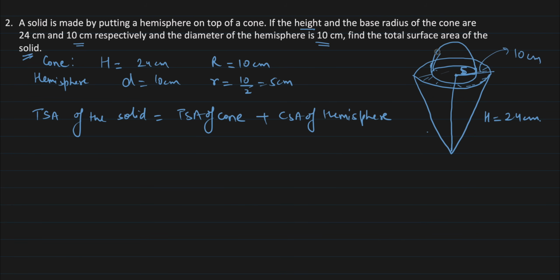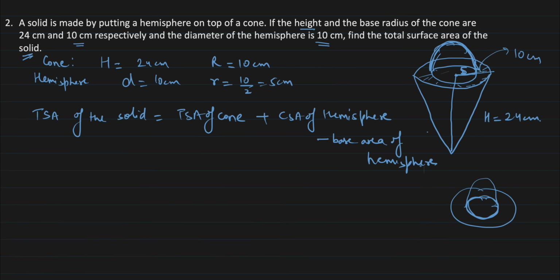We take the CSA of the hemisphere, the curved part, and the whole TSA of the cone, but from the base of the cone there is a ring being formed because of the hemisphere. So I'll remove this circle part, minus the base area of the hemisphere.